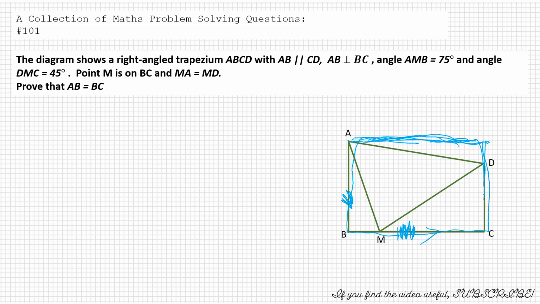Other than that, there's no way AB would be equal to BC. It has to be a quadrilateral and it has to be a square.